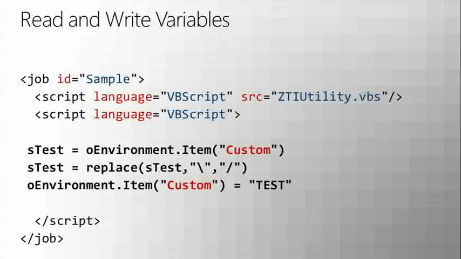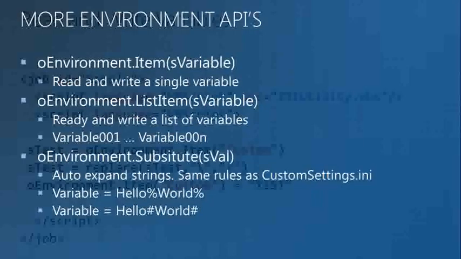But with those two components, the ability to read and write variables and the ability to write out to log files, you then take your knowledge of VBScript already, custom operations, modifying files, reading other variables, interfacing with databases, XML, whatever you want to do, combine those together, and then you pretty much have an environment where you can be functionally complete and run all the tasks that you really need to run.